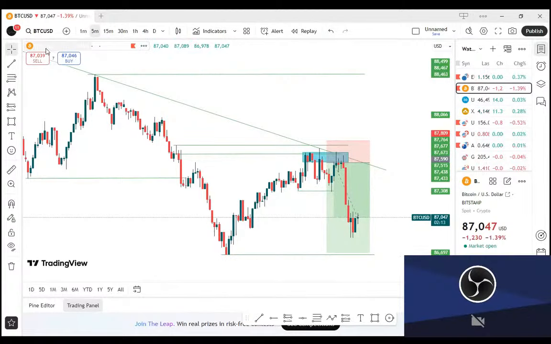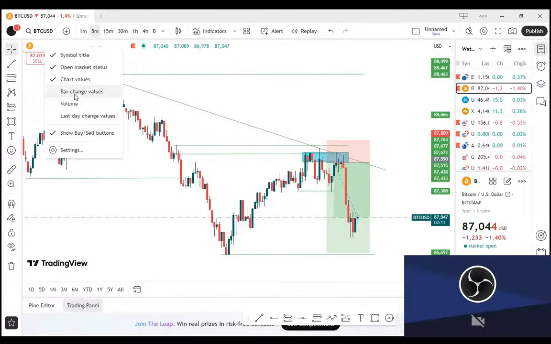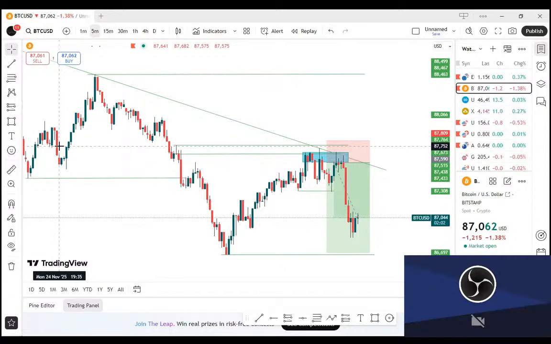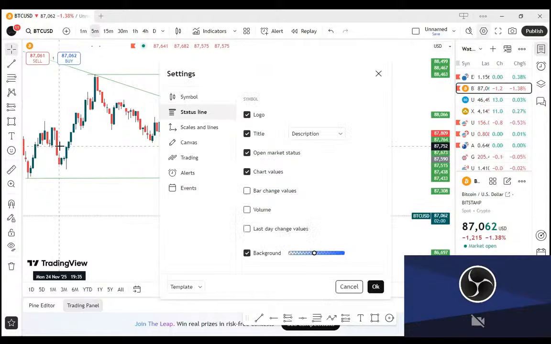Let me make it. Why did I remove it? Is it chart, volume, symbol, title? Let me see if I can set it in settings.